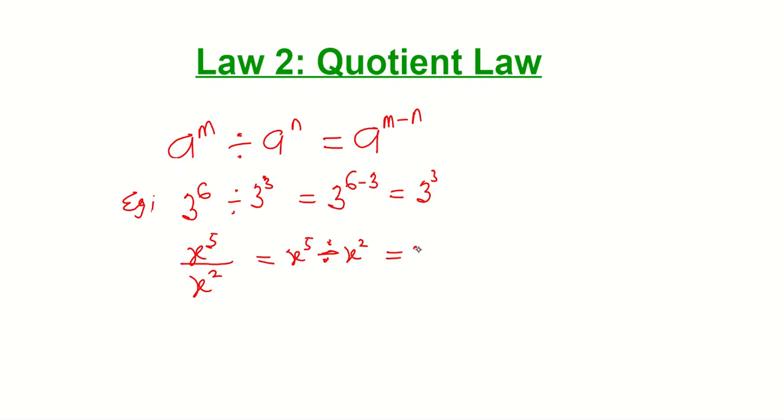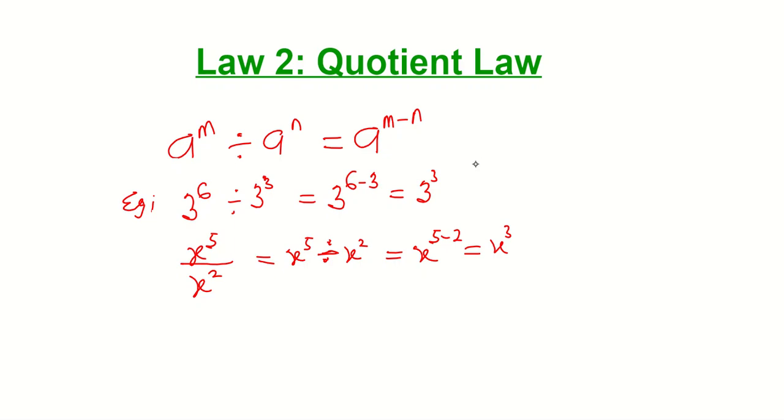So we have x, and we can see that the bases are dividing. So if the bases are dividing, what do we do? We go to the exponents and subtract. That is 5 minus 2, and at the end we have x exponent 3. And so this is how the quotient law works.